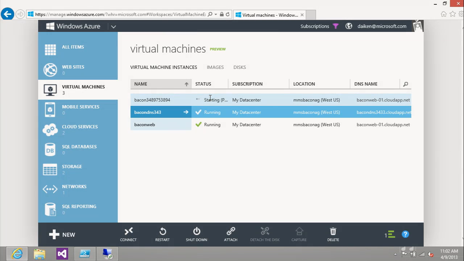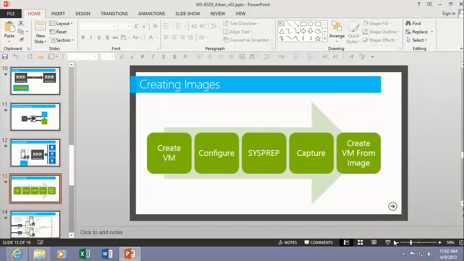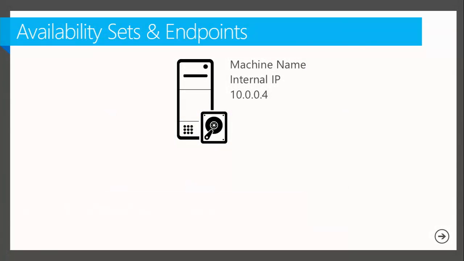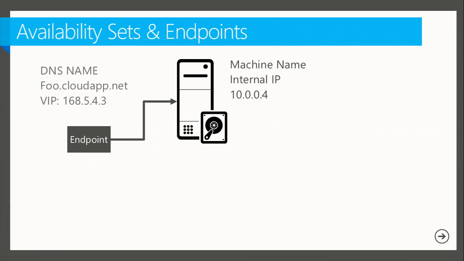We've got that second Bacon Web server spinning up, and we're going to come back to it once it's completely spun up. Let's go and see where on earth we are in this. So, availability sets and endpoints. We spun up that first machine, and we got an IP address for it, right? And to access that from the internet, what we get is an endpoint, and we get a DNS name.